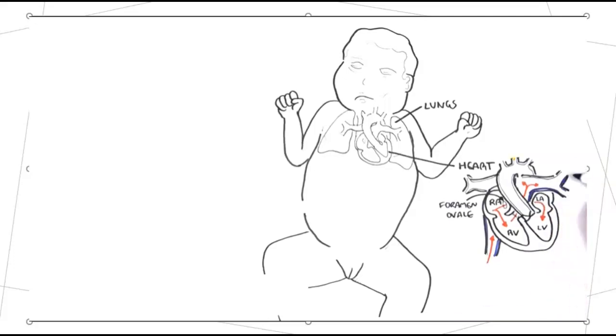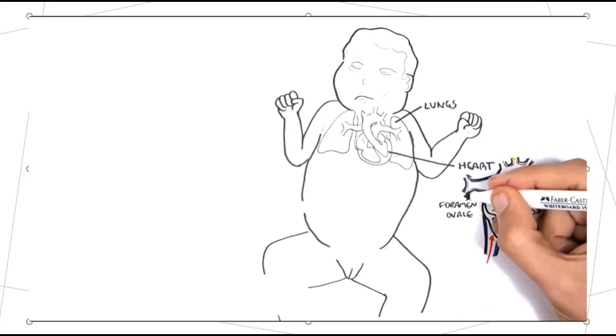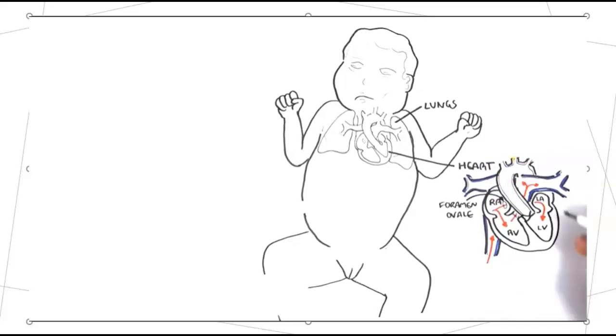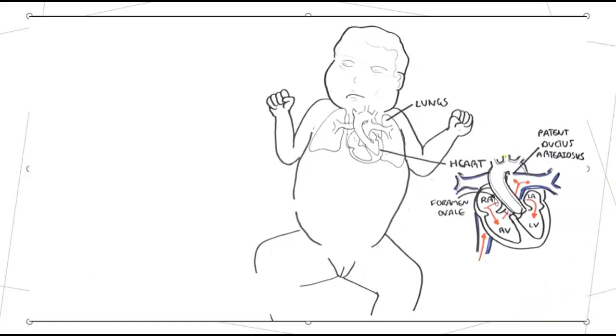Aside from the anatomical hole, the patent foramen ovale, there is another important connection, or sort of hole, called the patent ductus arteriosus. The patent ductus arteriosus is the connection between the pulmonary artery and the aorta.